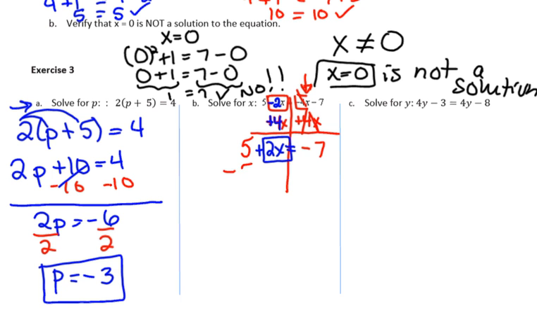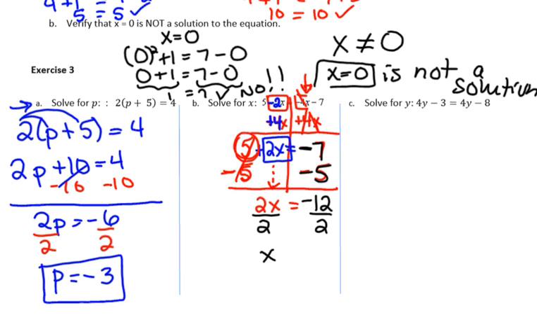That 5. Because it's positive, we're going to subtract this 5 from both sides. I bring down that 2x equals, now, again, in my calculator, I'm going to do -7 minus 5. That should give us a -12. Divide each side by 2, and we get x equals -6.